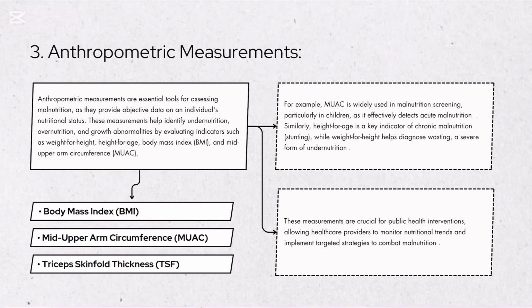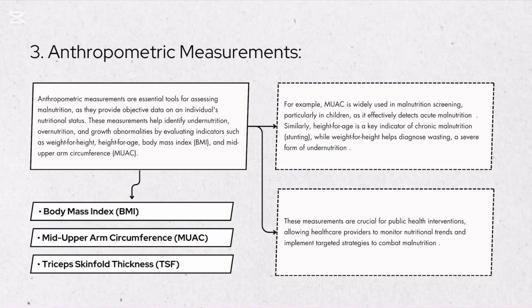They are particularly valuable in both clinical and public health settings. Let's take a closer look at the key indicators. 1. Mid-upper arm circumference, MUAC, is widely used, especially in children. It's a fast and reliable method to identify acute malnutrition.